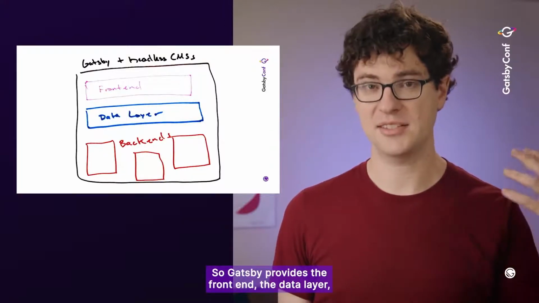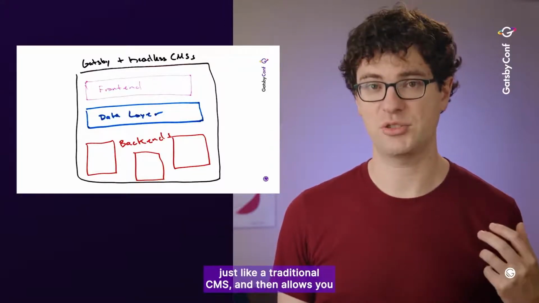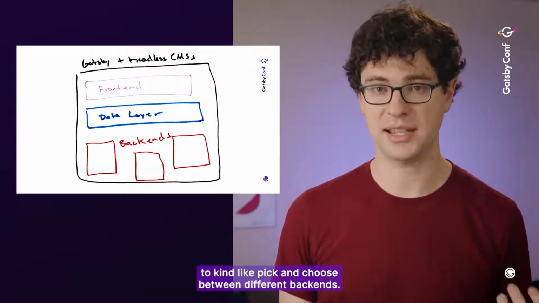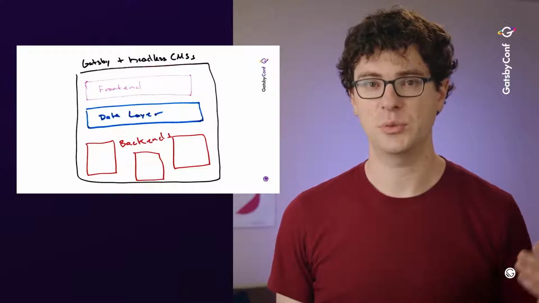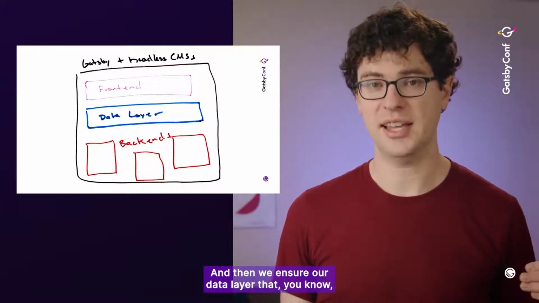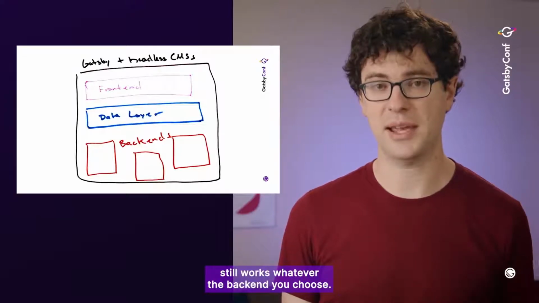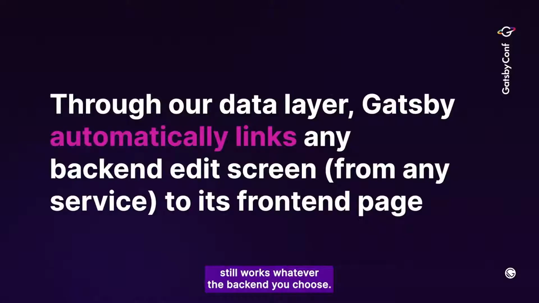Gatsby provides the front end and the data layer, just like a traditional CMS, and then allows you to pick and choose between different backends. And then we ensure through our data layer that the preview that marketers require still works, whatever backend you choose.